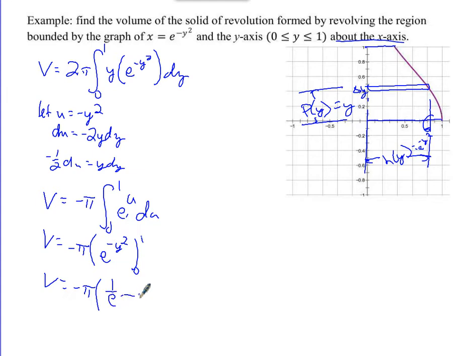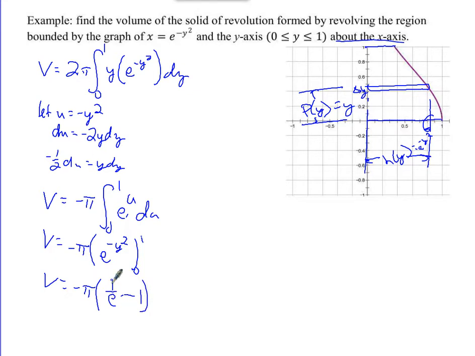minus e to the 0, which is 1. Okay, so now I can do kind of like I did on that homework problem the other day, where we can distribute that negative sign in, realizing that 1 over e is smaller than this 1 right here.